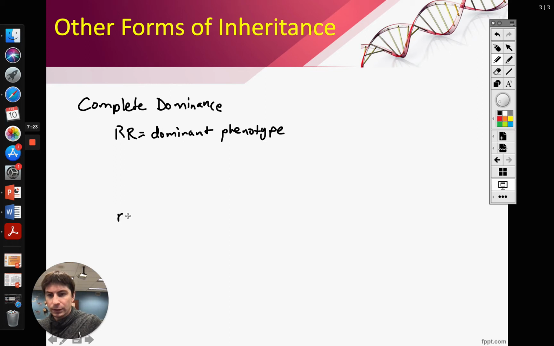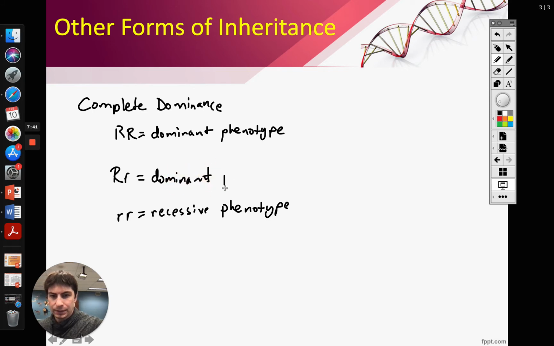Whatever little r is, we're going to have that recessive phenotype. However, the heterozygous, the big R, little r, we are also going to have that dominant phenotype. Okay.